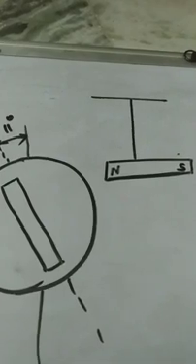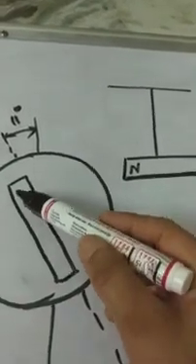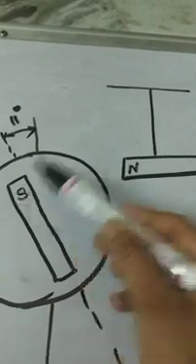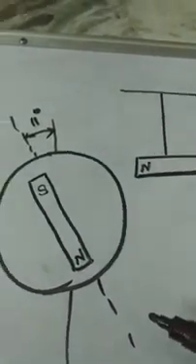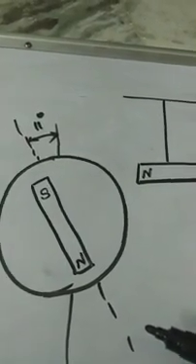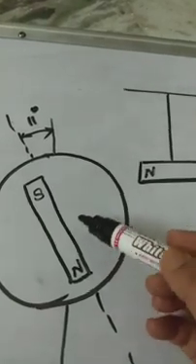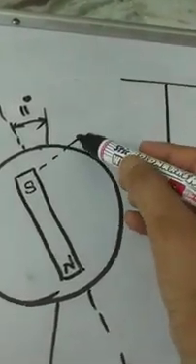And another property we know is that opposite poles attract each other. Then here a south pole and on the other side a north pole will develop.